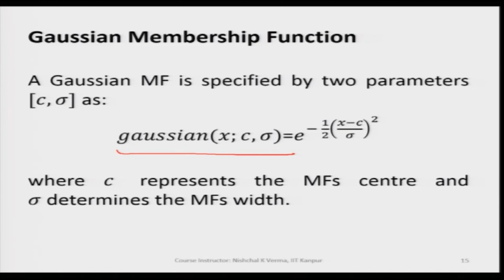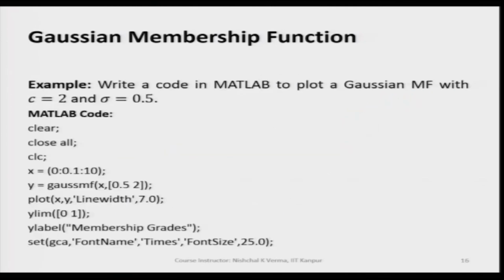If we would like to generate a Gaussian membership function, we can place here the values of the generic variable x, and then we can choose a suitable c, the center or mean, and the standard deviation. This way the Gaussian membership function gets generated.